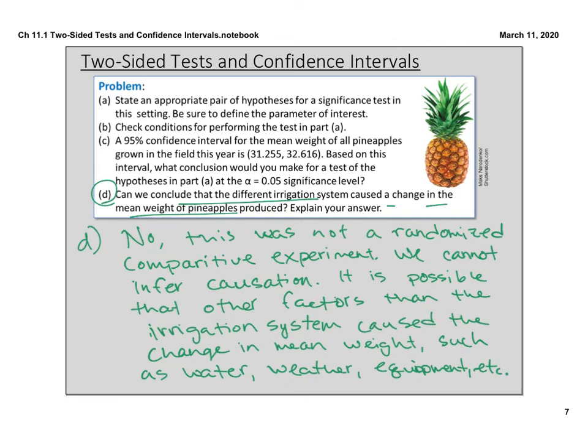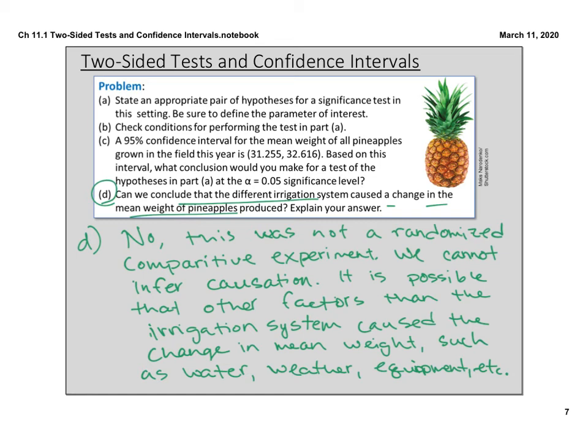So again, being very careful to not imply causation when it doesn't exist. We talked way back in chapter 2 about how it's really hard to establish causation. It's very easy to see correlation. Correlation is often present, but just because two things are correlated doesn't mean that one causes the other. So that's where we have to be really careful in a setting like this, because we did have enough evidence to reject the null, but we didn't run an actual experiment where there was a control group and a treatment group.